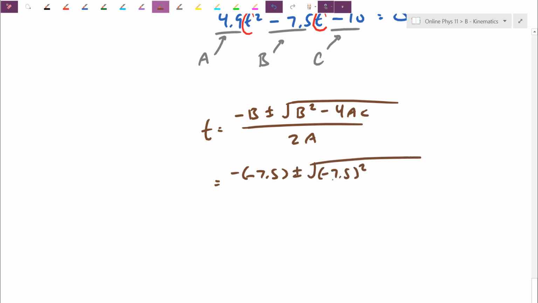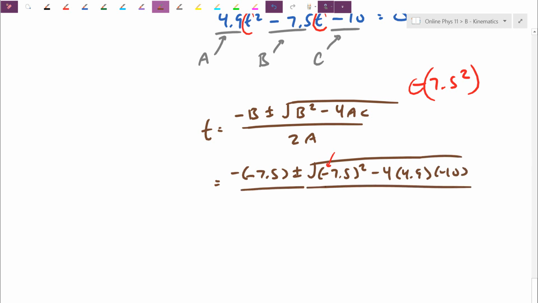Make sure that part there is squared. Don't type that into your calculator as negative 7.5 squared. Your calculator would do the 7.5 squared and then add the negative afterwards. What we want is the negative times the negative, so that actually becomes positive. We're going to minus 4 times a, which is 4.9. C is negative 10. All that's underneath the square root. All over 2 times a, 4.9.